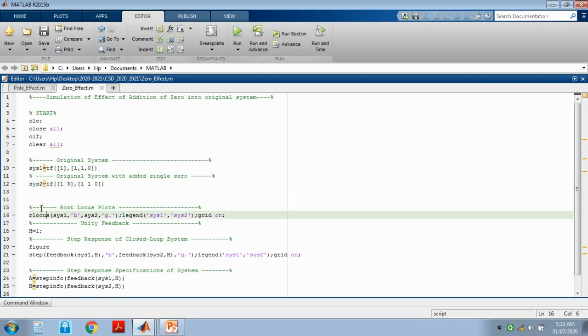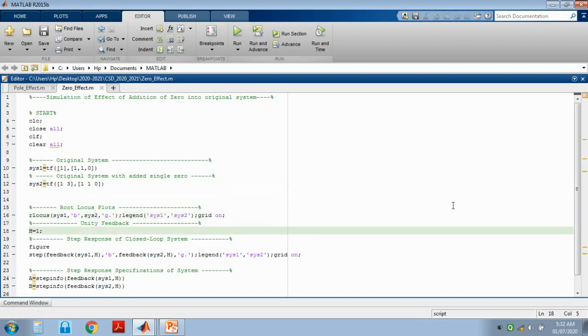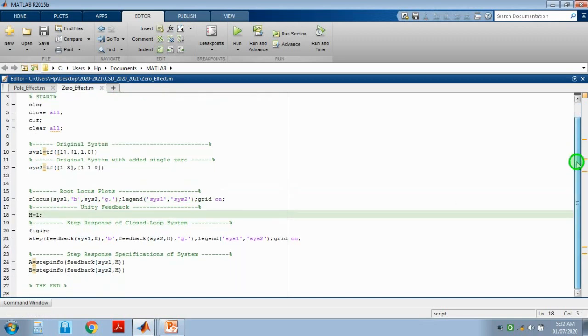If we plot the root locus of these two systems by using the rlocus command in MATLAB, the original system's root locus is in blue color and the modified system's root locus is in green color. Again, we have to observe the effect of the addition of 0 on the closed loop behavior of the system.